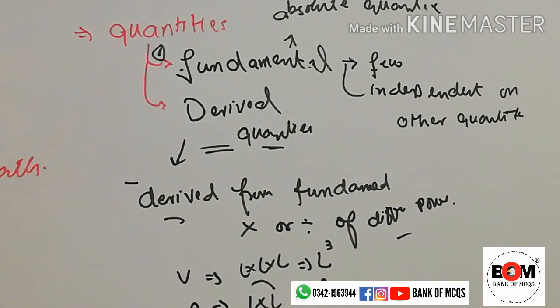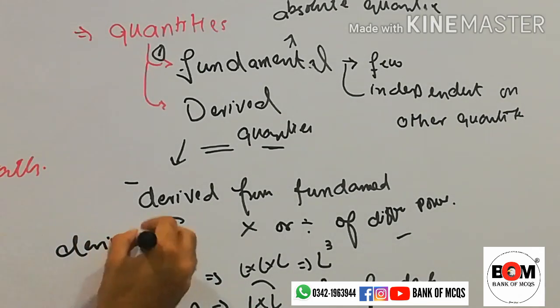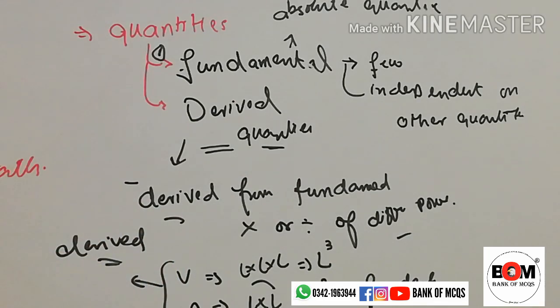If length is defined as a fundamental quantity, then area and volume are derived from length, and these are called derived quantities.